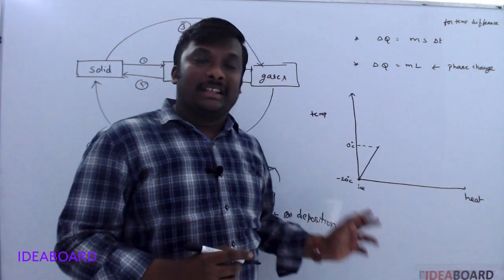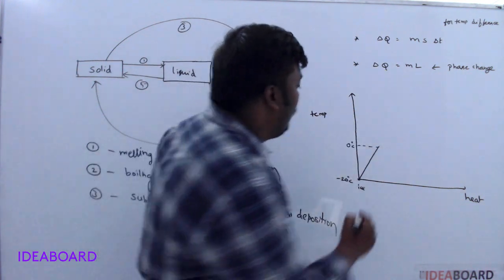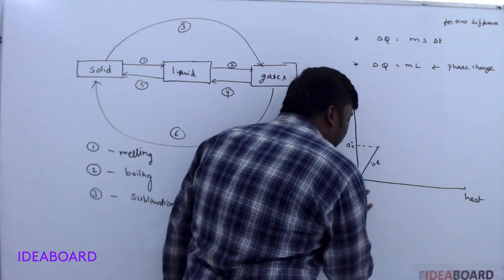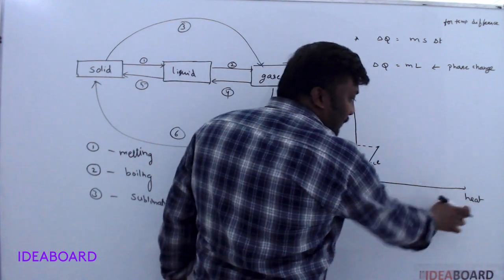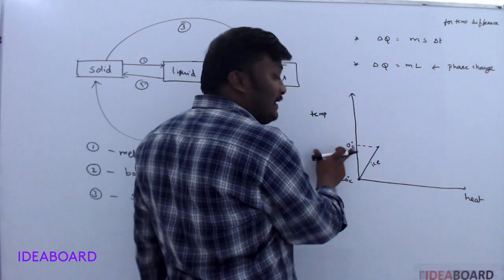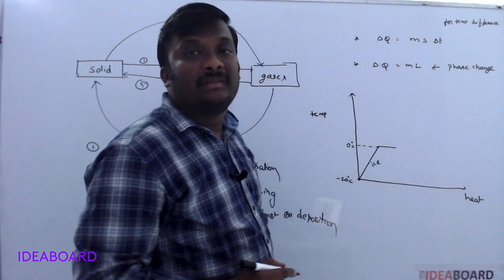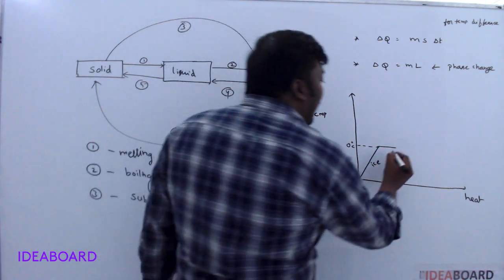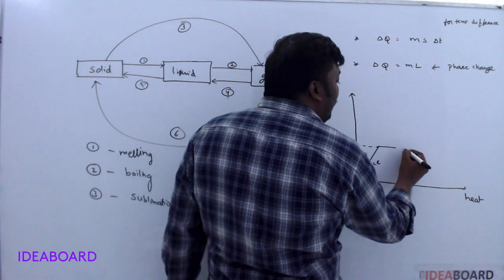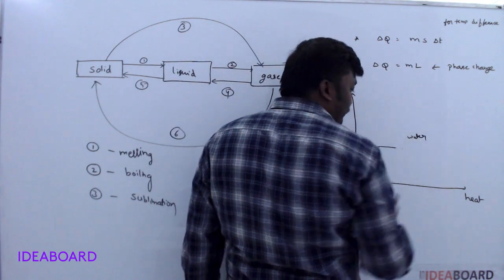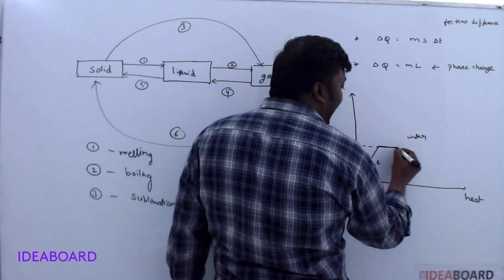We know that at 0 degrees Celsius, ice starts to melt. Until this point we have only ice. At this place, the heat you supply does not increase the temperature, but changes its state. At 0 degrees Celsius, ice is converted into water, so there is a mixture of ice and water.